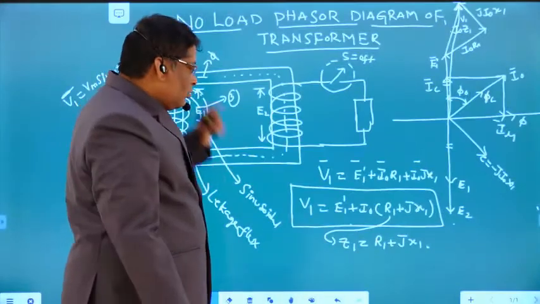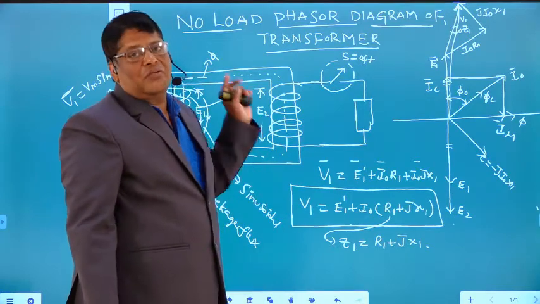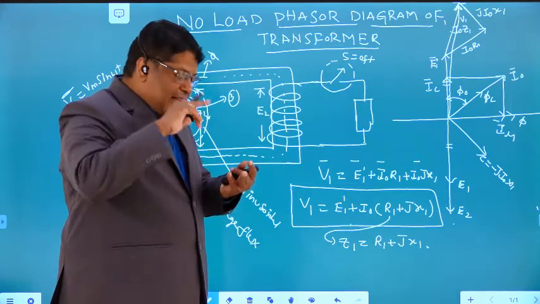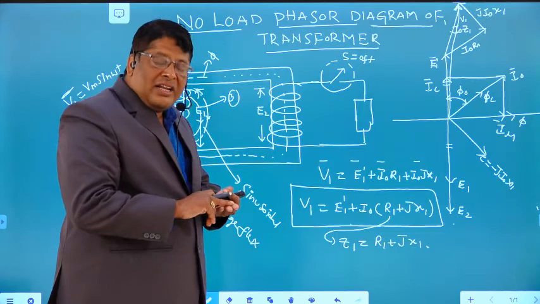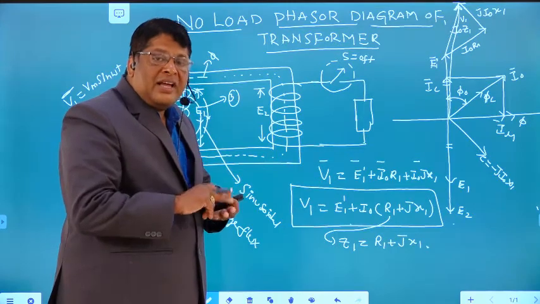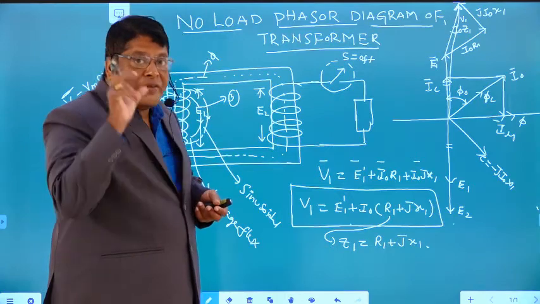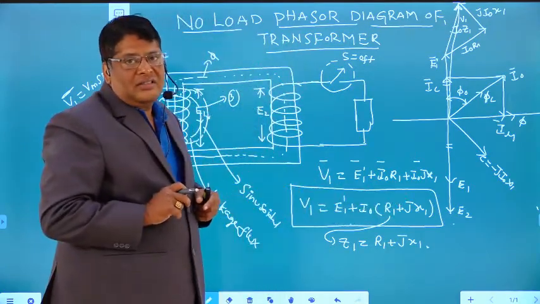at no load. But here, the transformer is a practical transformer. Nothing but we have taken the core losses. The winding has a resistance, as well as a leakage reactance. The leakage reactance is representing the leakage flux in a transformer. The physical thing we are representing with a leakage reactance. Right?